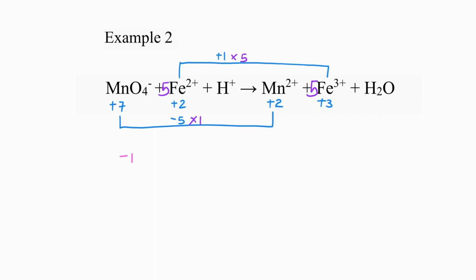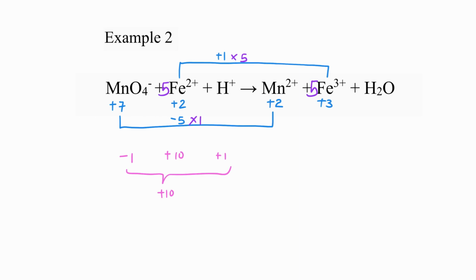So then we have +2 for Fe ion here, and with 5 moles of +2, we will have +10 for the charge of 5 Fe2+ ions. And next to go, we have +1 for H+. So there will be +1. So the total charge for the left hand side here is actually +10.